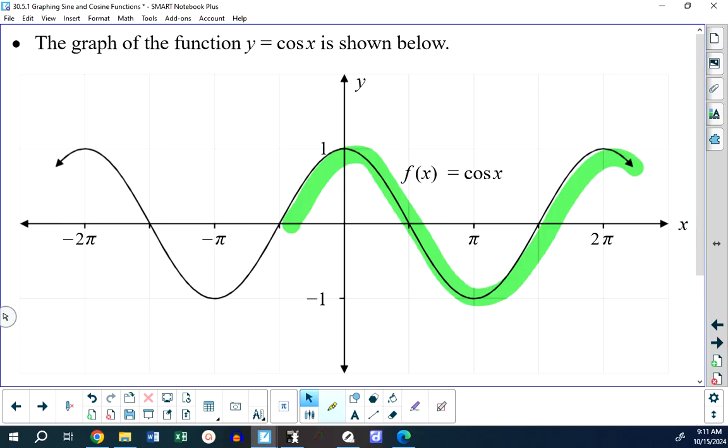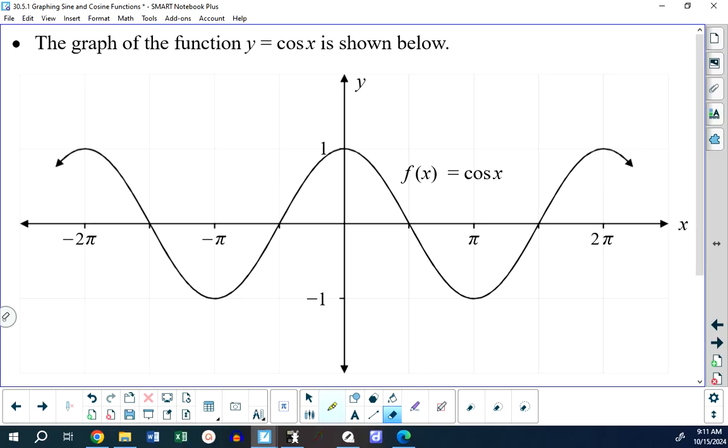But it's the same idea. And the reason why there's that pi over 2 shift is because cos of x is the x-coordinate. And on the unit circle, when the x-coordinate is 1, the y-coordinate is 0. And on the unit circle, when the x-coordinate is 0, the y-coordinate is 1, and that happens at pi over 2.